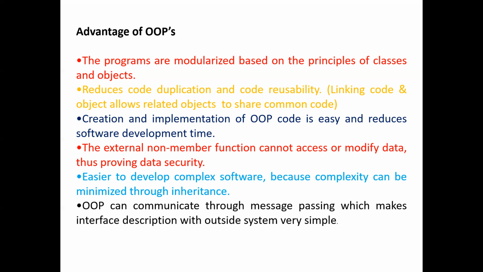That reduces our software development time also. If a program is already available with the 3 modules that perform addition, subtraction, multiplication, even updating is very easy because only one thing, the division module, can be added to the existing program, so that the implementation of code is easy and the software development time reduces.